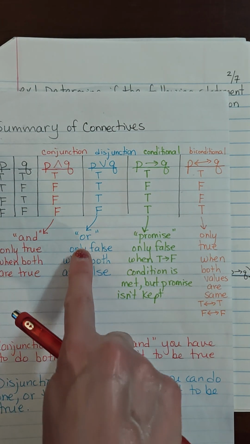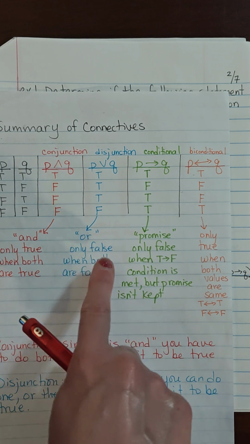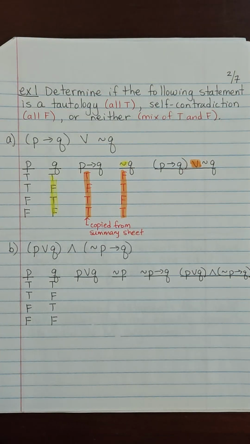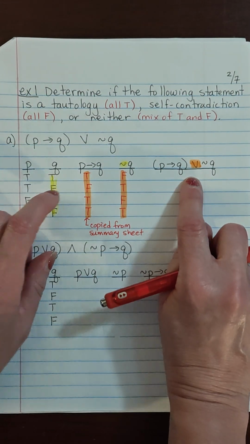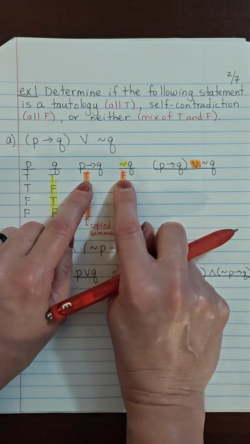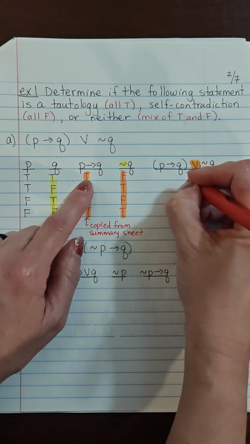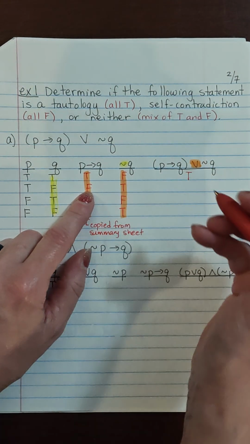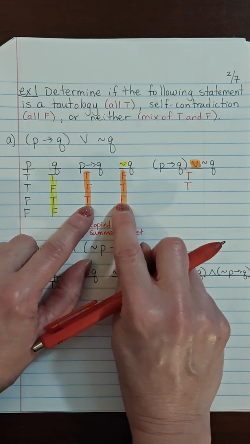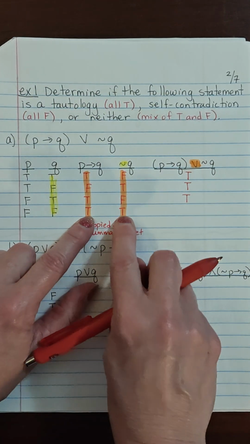My disjunction is an or. It's only false when both are false. Okay, let's keep that in mind. This is only false when both of these are false. All right, are both of these false? No. Are both of these false? No. Are both of these false? No. Are both of these false?